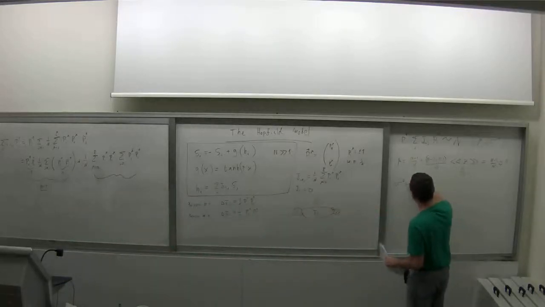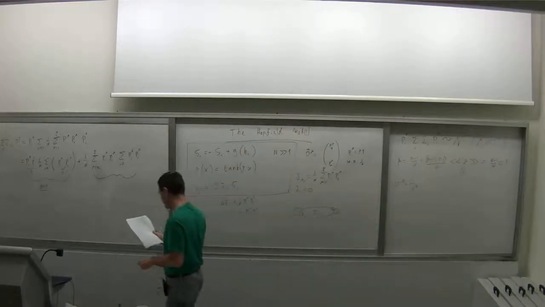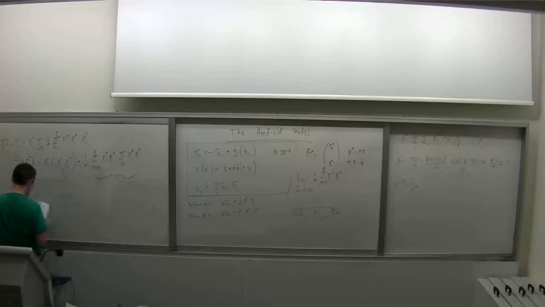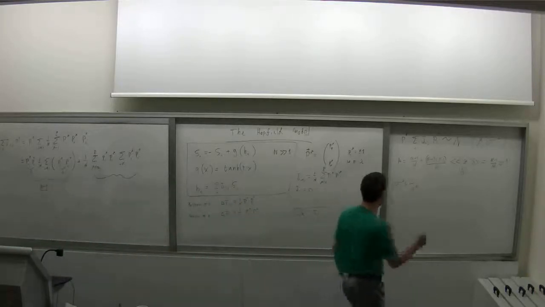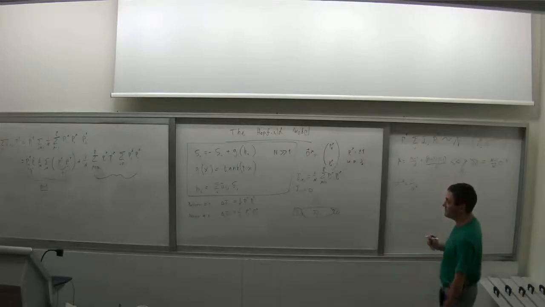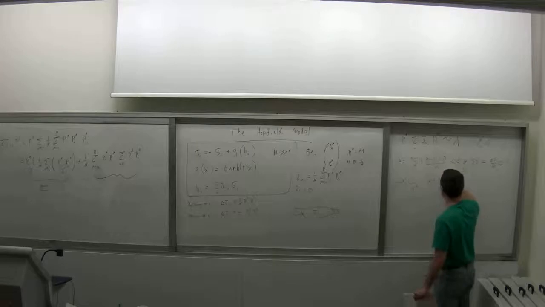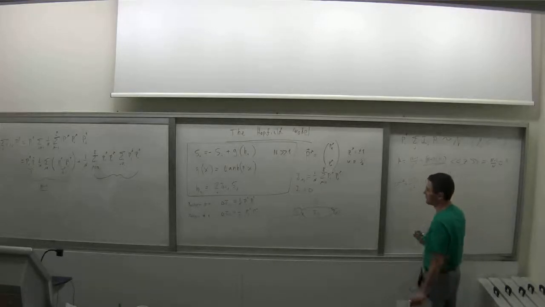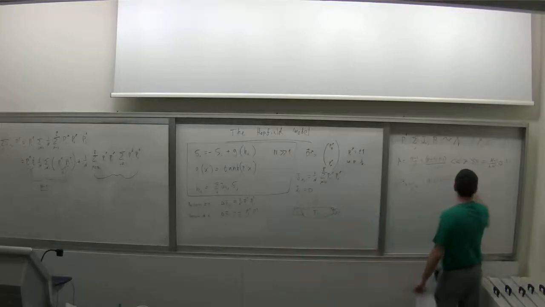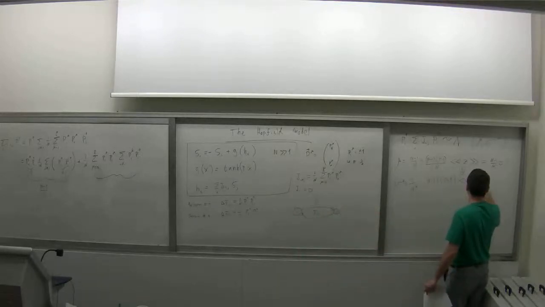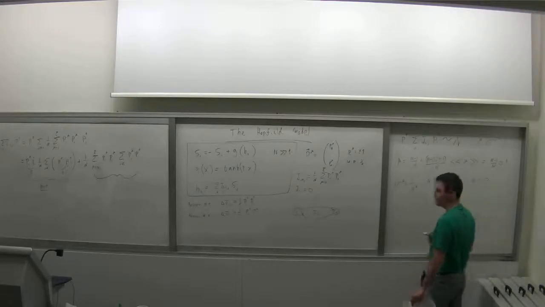This is equal to 1 over n squared times the number of elements here, (n minus 1) times (p minus 1), times the variance of the individual term, which is equal to 1.